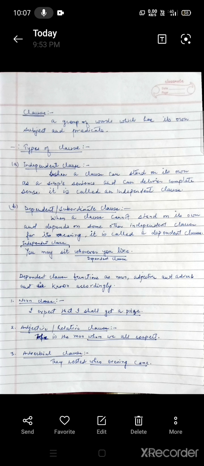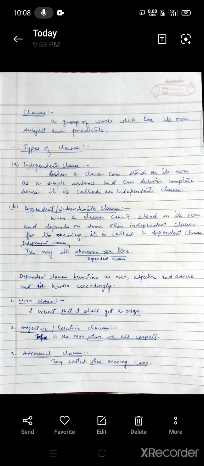So the clause describes the antecedent noun and thus functions in the role of an adjective. So we can say that in this sentence, "whom we all respect" is an adjective clause, playing the role of an adjective, qualifying or describing the noun, the antecedent man.